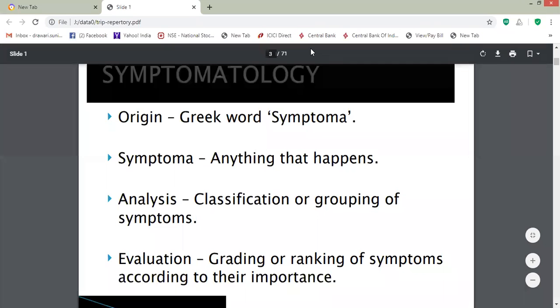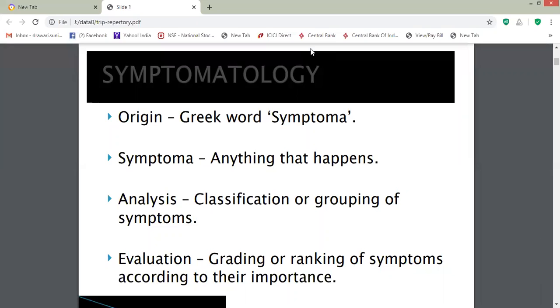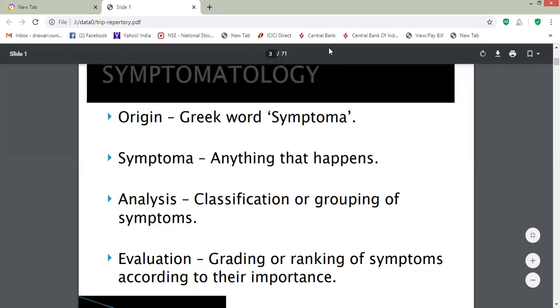After repertorization, we have to find out those symptoms from the repertorial totality in the repertory, and with the help of those symptoms we get a group of similar remedies, and from that group of similar remedies we have to select one exact simillimum.